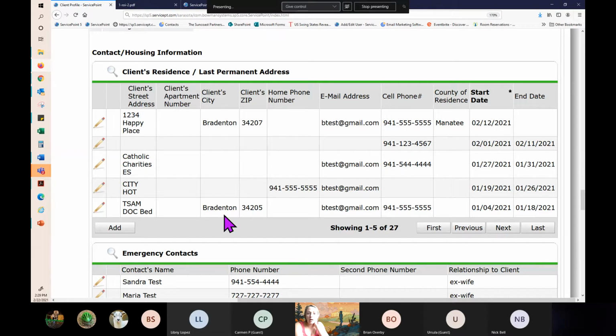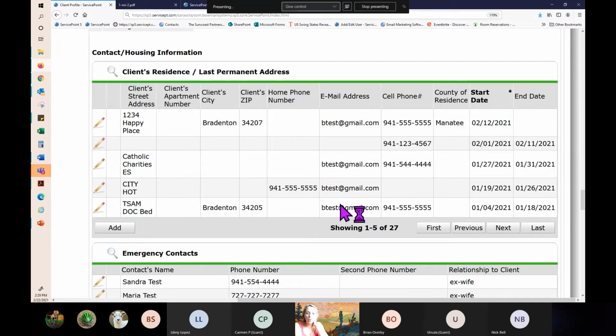Please add any contact information on the client that they have. So here we have that Brandon is staying at 1234 Happy Place, but we know that he is literally homeless. So we want to make sure that we end this location. He is no longer in this residence.